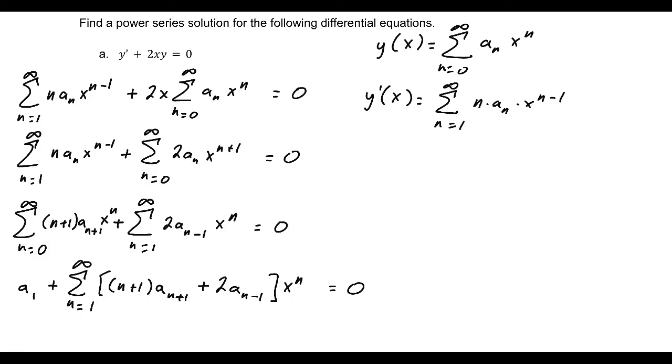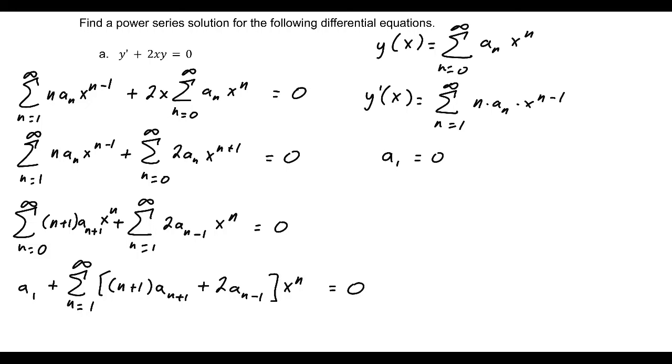Now we can equate coefficients and come up with a relationship for these. Because this is identically equal to 0, a sub 1 must be equal to 0. Just add that here: a sub 1 is equal to 0.